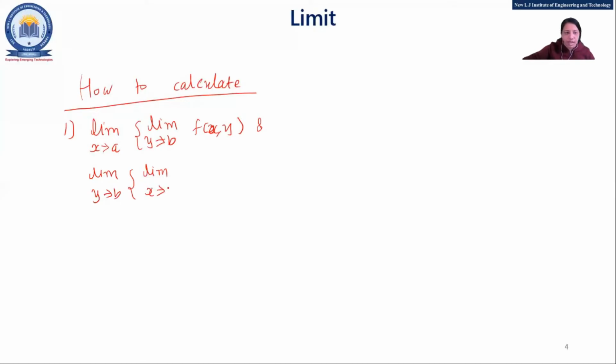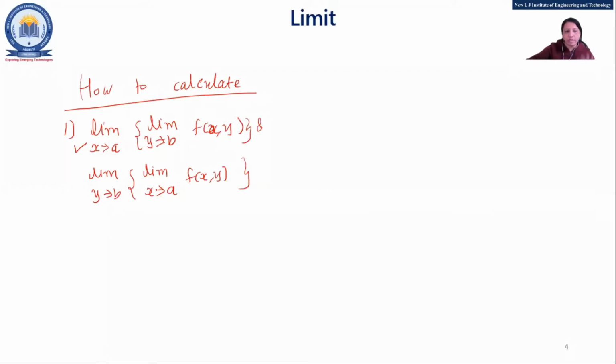Both are tending to A, so you can interchange. That means either you will go this way: first you apply the y limit, and whatever answer you get, on that you apply the x limit. Otherwise, first apply the x limit and after that the y limit. So in both ways you have to calculate the limit. Clear?